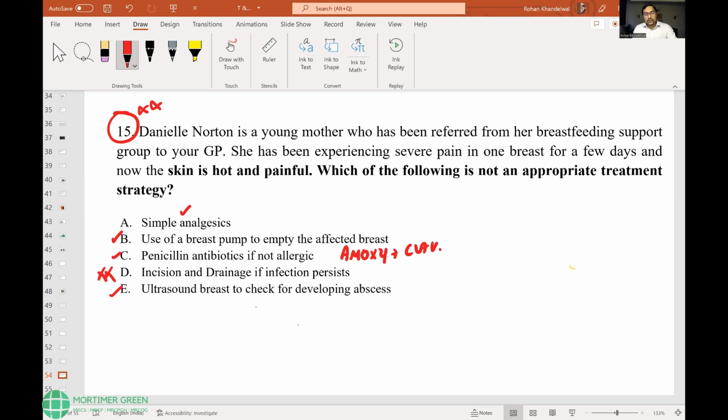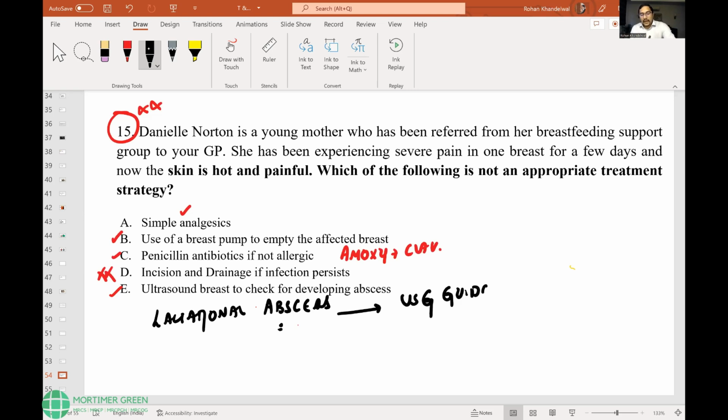In Bailey also, it is clearly written that if you have a lactational breast abscess, we will carry out ultrasound guided aspiration, and at least 2 attempts of ultrasound guided aspiration need to be done before you carry out an incision and drainage.